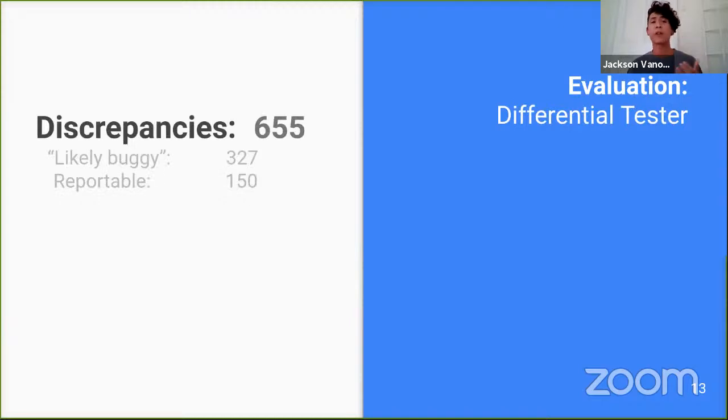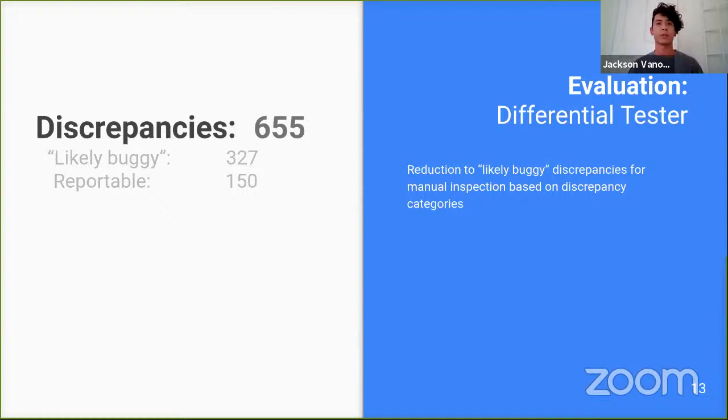And then lastly, the evaluation for the differential tester. We discovered 655 unique numerical discrepancies. These were all categorized automatically by the differential tester. Based on those categorizations, we could reduce that set to a set of likely buggy discrepancies that were then given over to our team for manual inspection. On that manual inspection, we discovered 150 of them, almost half, represented reportable bugs.